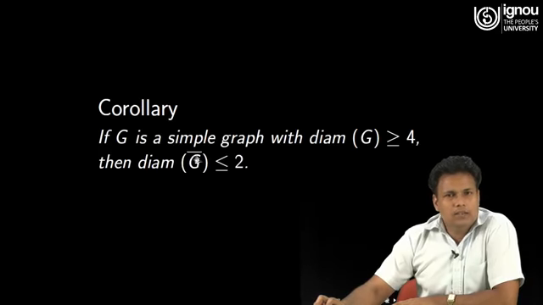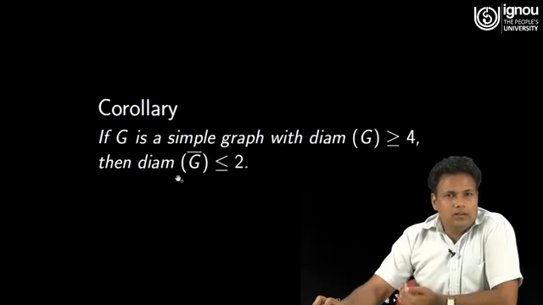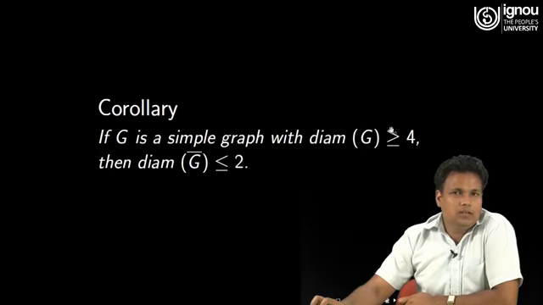Suppose the diameter of G bar is not less than or equal to 2, then what happens? Diameter of G bar greater than or equal to 3 means the diameter of G double bar becomes at most 3, which contradicts the hypothesis, because we are given that the diameter of G is greater than or equal to 4.